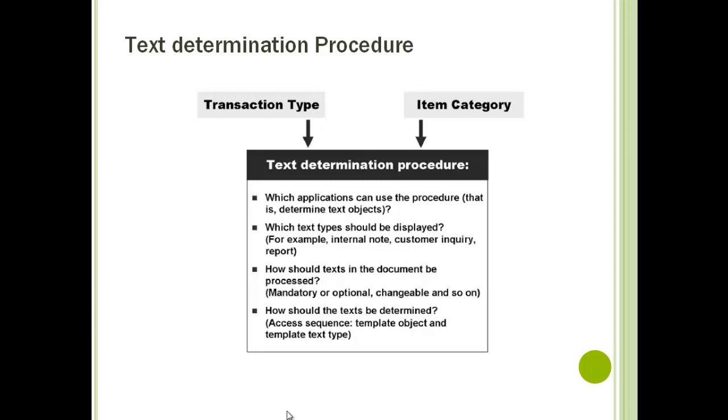How should text in the document be processed? Whether it's mandatory, we can check the obligatory checkbox to make a text mandatory or optional. Whether it should be changeable or so on, that could be logged using the display options, like whether it should be editable, display only. And how should the text be determined? Via access sequence.